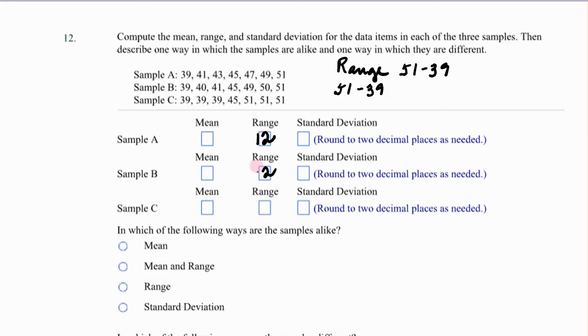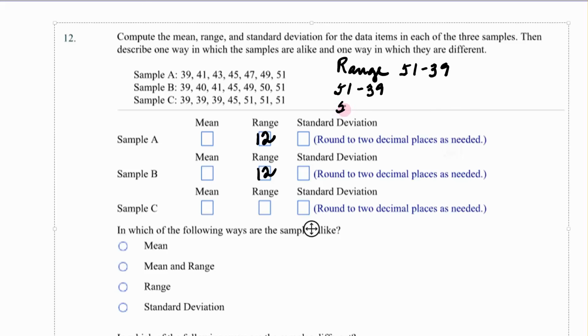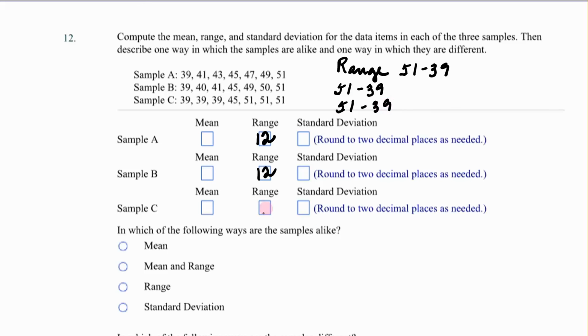And for the third one, it is 51 minus 39, which is 12. So for all of these, the max and the min were the same, so the range was the same. They are different sets of numbers, so perhaps that's going to affect things. Remember, dispersion can be described by the range or by the standard deviation. And the mean, of course, is that one number that describes the central tendency.